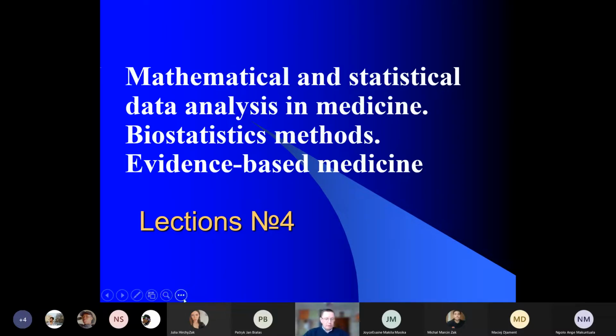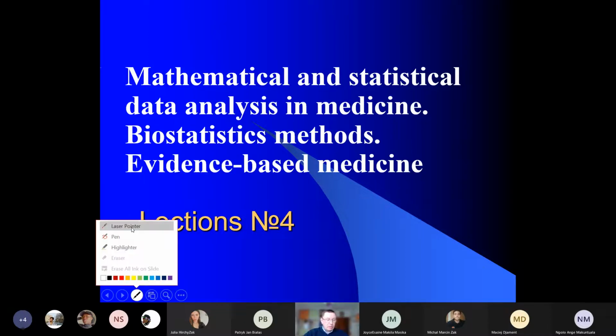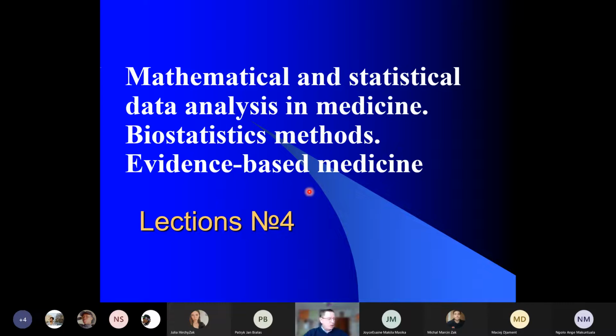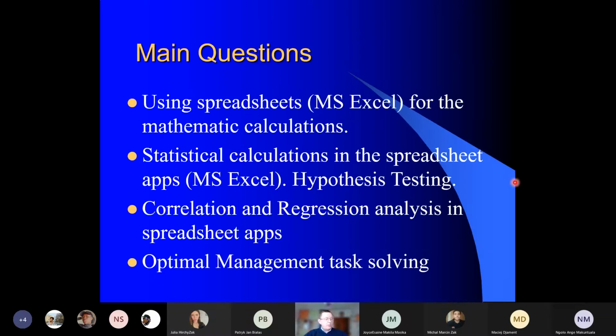So not sure if it will be possible today to pass through all the questions in this lecture, because we have a significant volume, but at least a fast part has to be done. First of all, we have to put some emphasis on the usage of spreadsheet applications for statistical analysis.